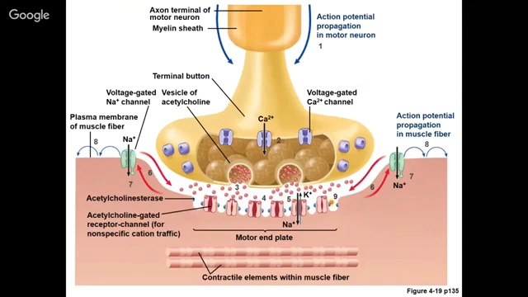Don't worry too much about the details there, but just understand that at this point, sodium rushes in and some potassium moves out, okay? So the result of this is what's called end plate potential, okay? So EPP.